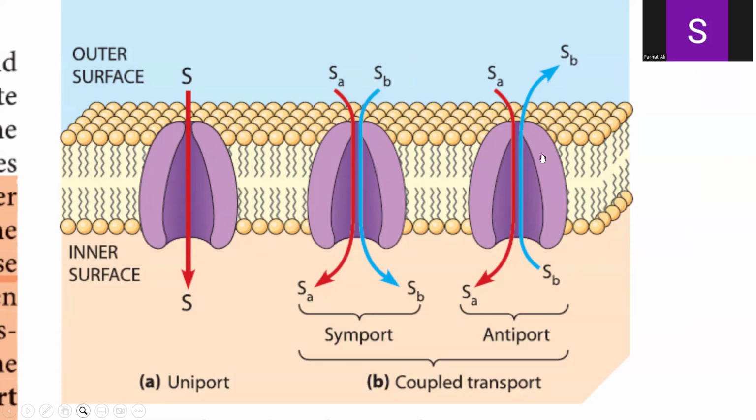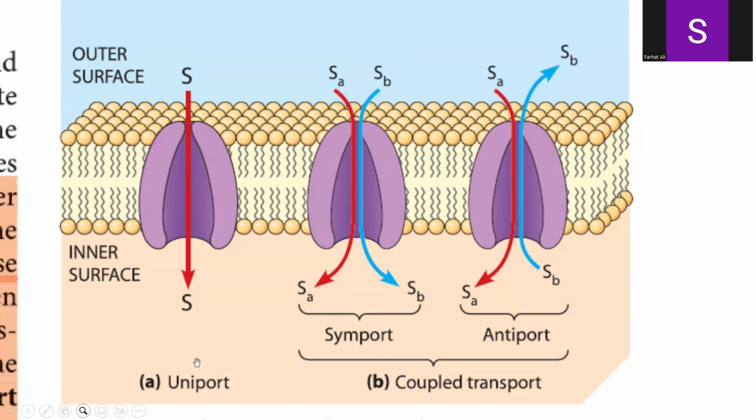The other type of transport proteins will move the two solute molecules simultaneously, but in opposite directions. So in this case, solute A is transferred into the cell and solute B is exported out of the cell. This is called antiport.